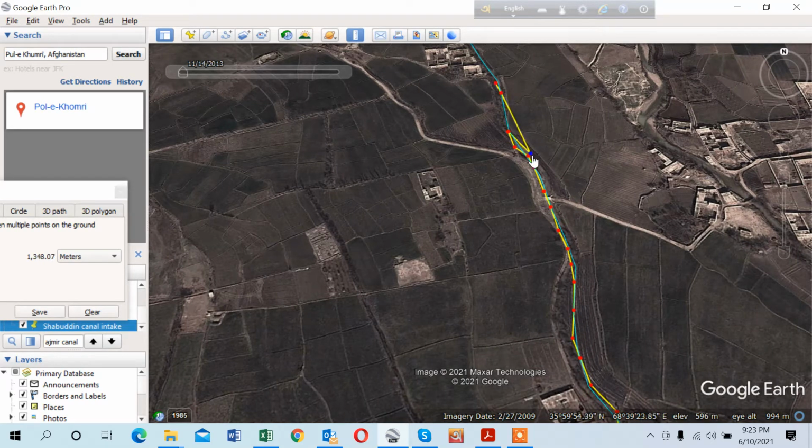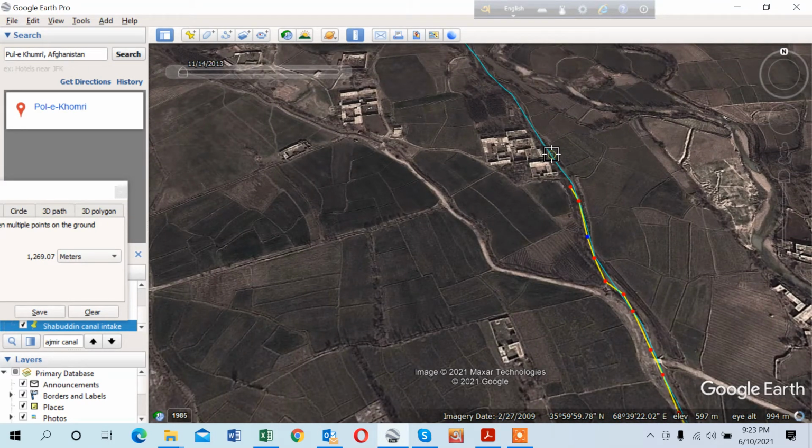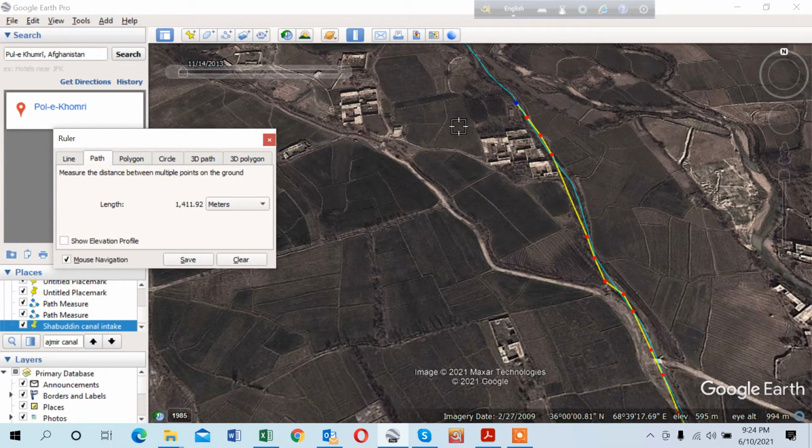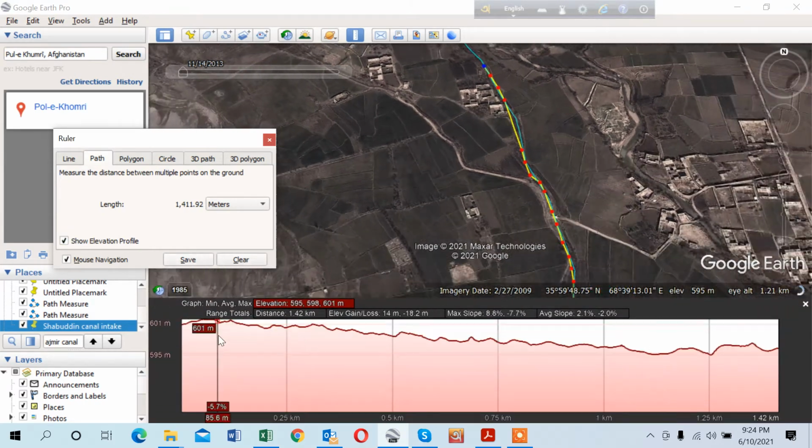If you see, I have already traveled around 1.4 kilometer. So you can see with this 1.4 kilometer how the land slopes. Let us see the land slope.